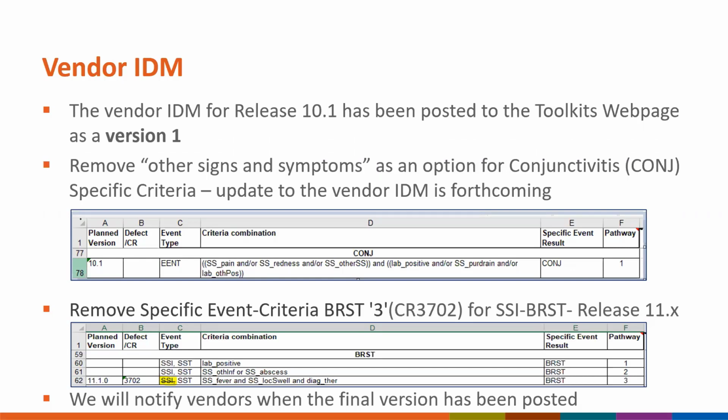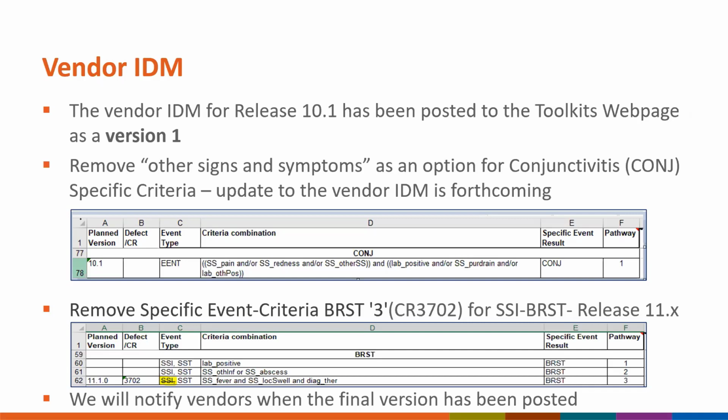So previously there were several rules for conjunctivitis specific criteria. Now there's only one main rule with a lot of and or statements in there. And Hamna told you about the specific event criteria for BRST 3702, which we will update the vendor IDM for release 11.1.